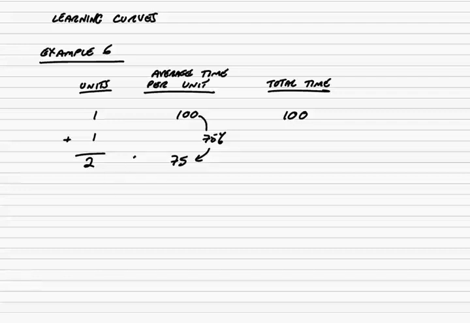So how long in total? 2 units at an average 75 is 150 hours. And so we now know that to make 1 unit took 100 hours, to make 2 units takes 150. So surely the difference between the two, 50 hours, that is the time for the second unit.